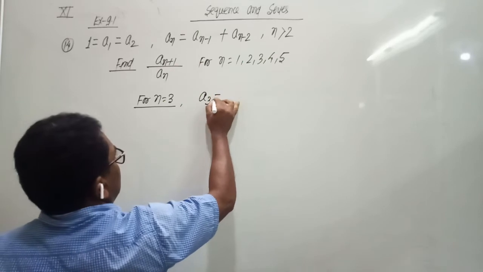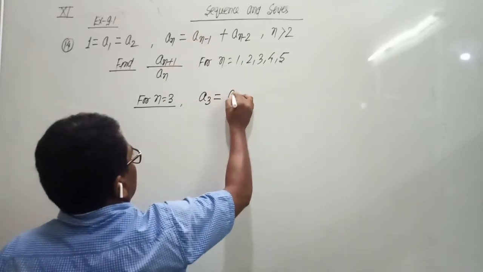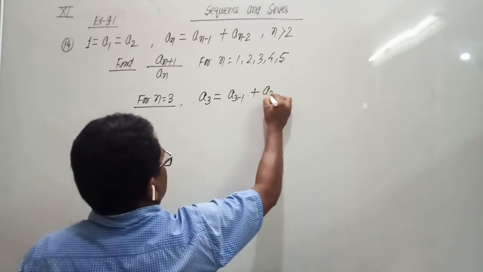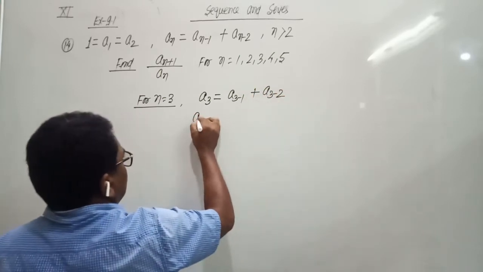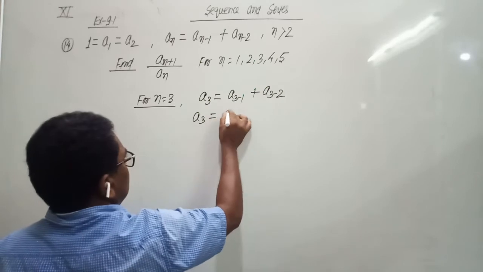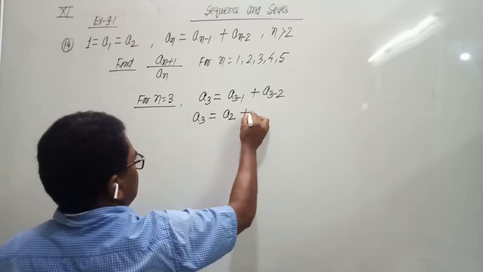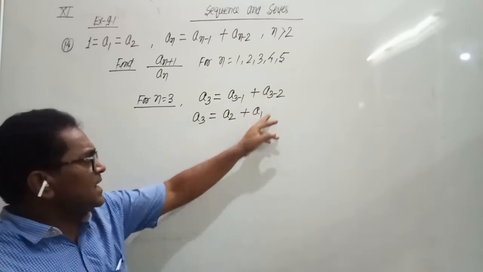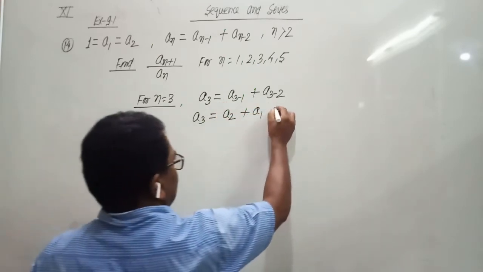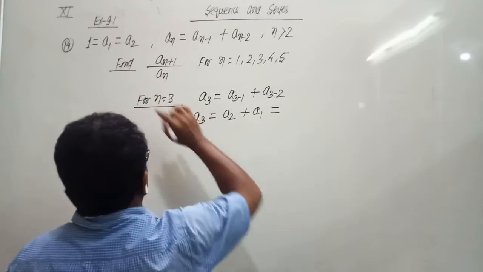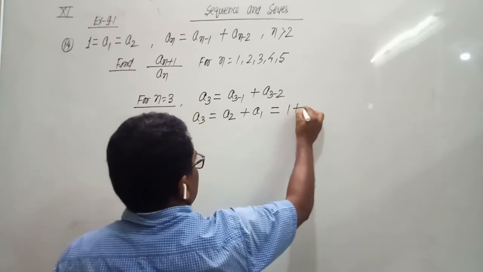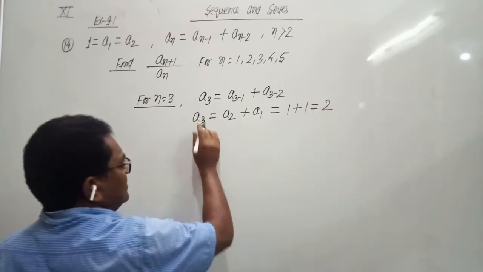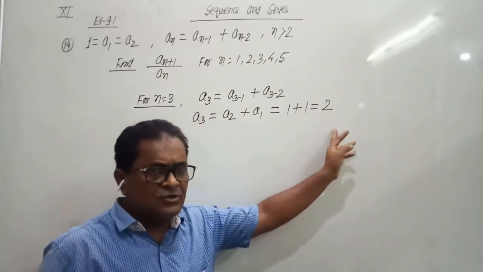So a3 equals a(3 minus 1) plus a(3 minus 2), that is a3 equals a2 plus a1. The value of a2 is already given as 1 and the value of a1 is 1. So the value of a3 comes to be 2.